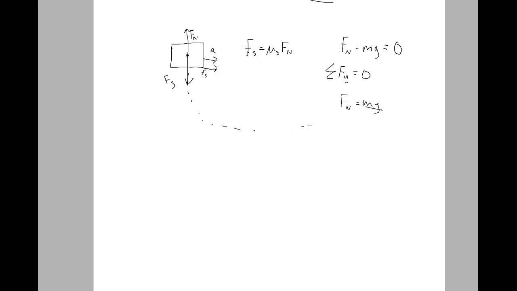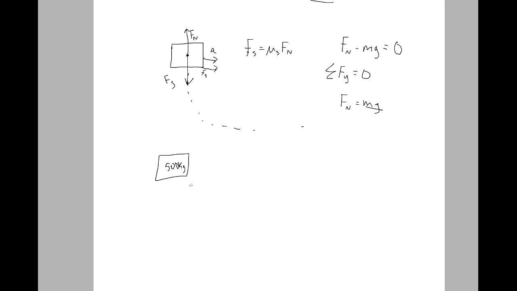So let's do an example with that. Let's look at a car that is turning on a flat road, and let's say the car weighs, let's say we've got a Yaris. It only weighs about 500 kilos. I'm kidding, I don't really know.